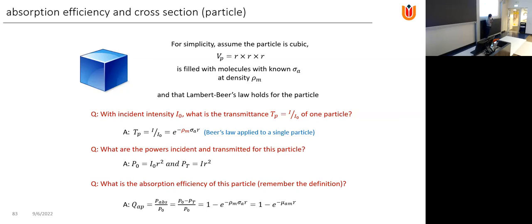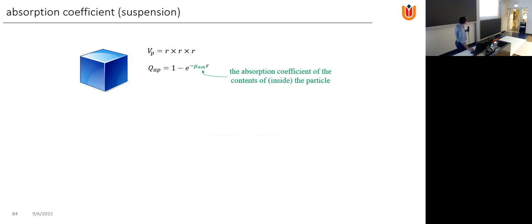So that is the exponential term over there. So the expression for the absorption efficiency of the particle is then 1 minus the exponential of minus mu_a times r. And remember, this mu_a in there is the absorption coefficient of the molecules inside the particle.